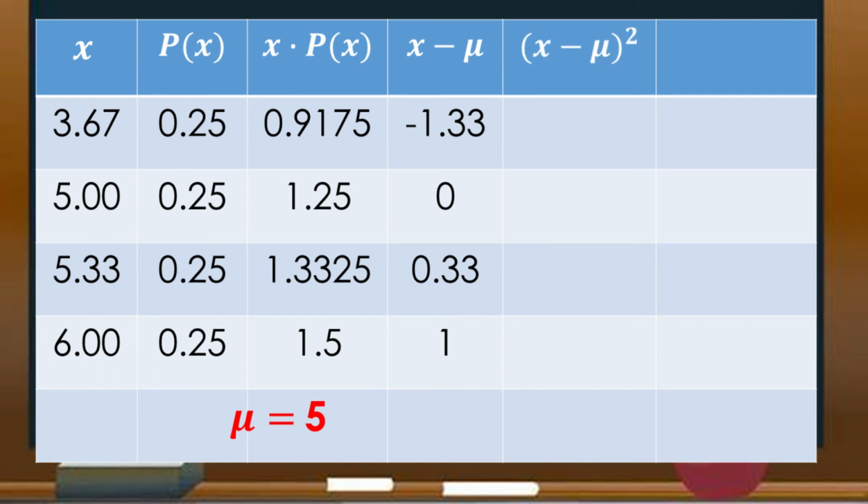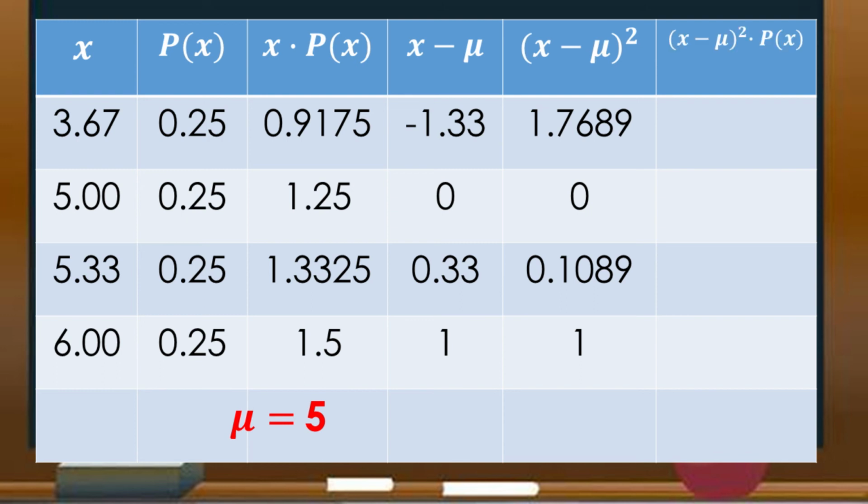Fourth step. Get the square of the difference of x and mu. The square of negative 1.33 is equal to 1.7689. The square of 0 is 0. The square of 0.33 is equal to 0.1089. And the square of 1 is equal to 1.